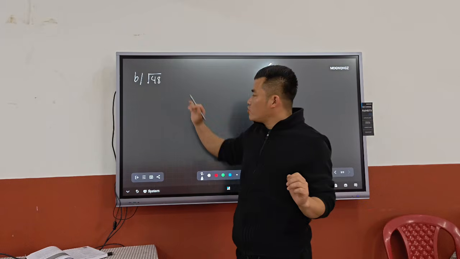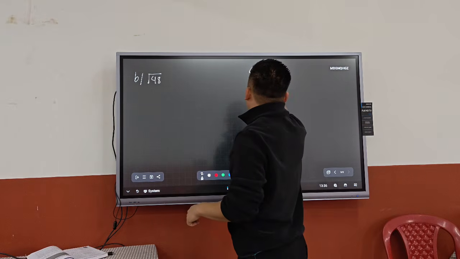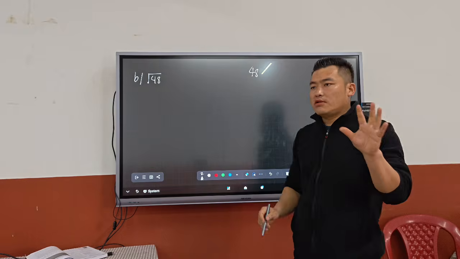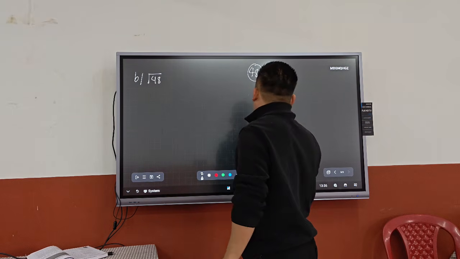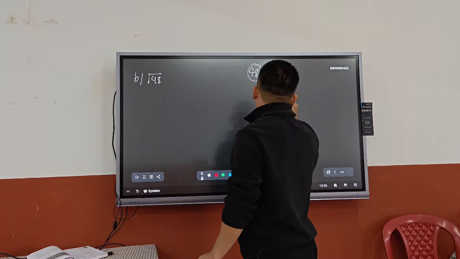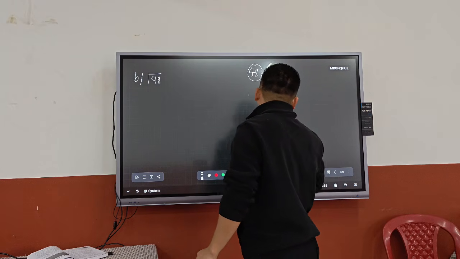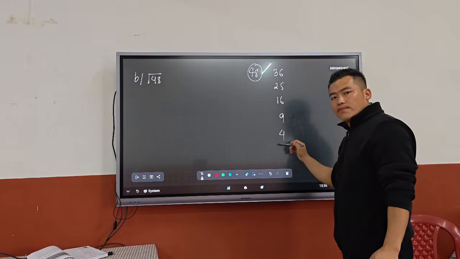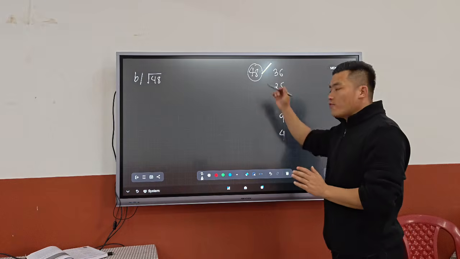To change this into a mixed radical, you identify the perfect square numbers less than 48. They are 36, 25, 16, 9, and 4.